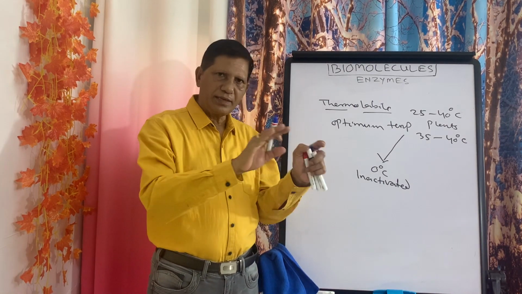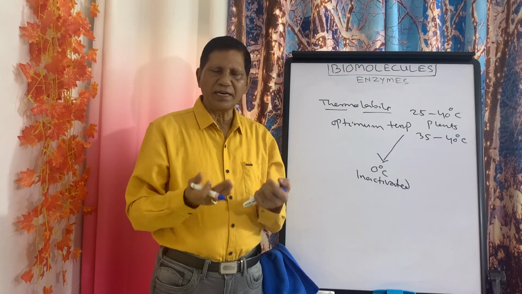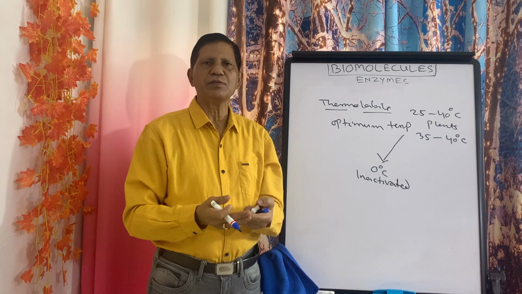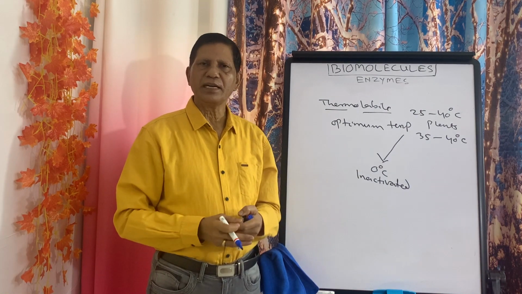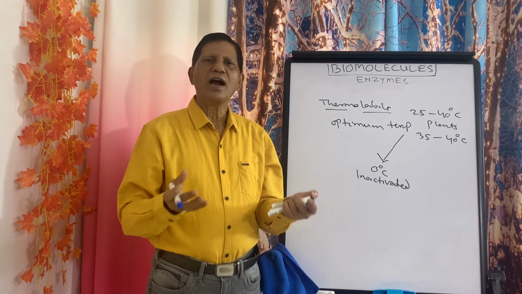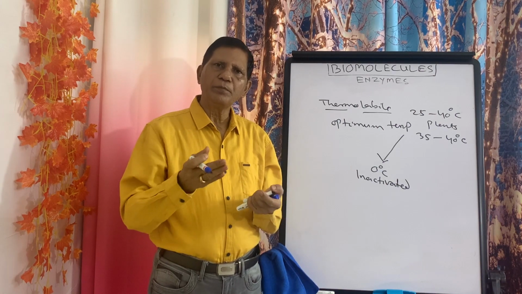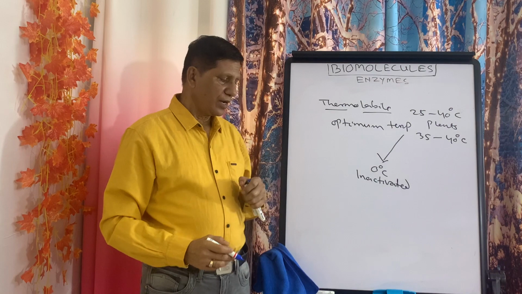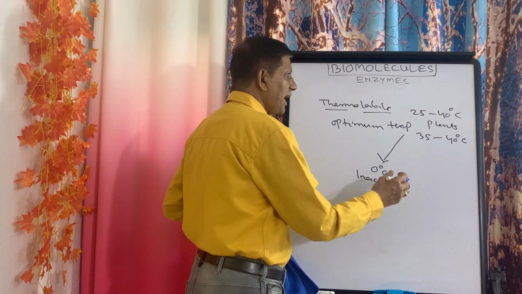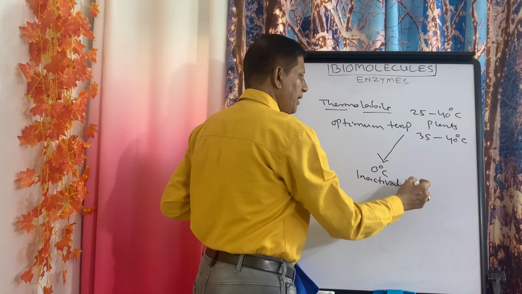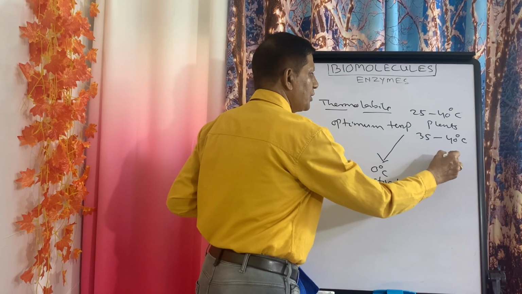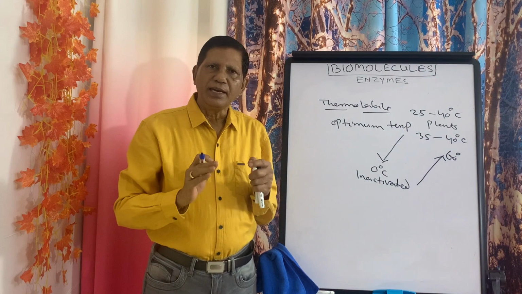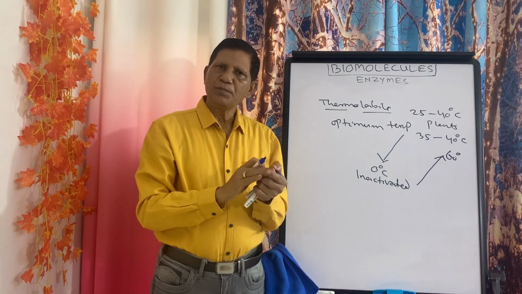Also, whatever bacteria are in the air, or the enzymes present in those organisms, are inactivated. That is why they cannot function, and the fruits and vegetables will remain fresh for a few days. But when the temperature rises above 40 degrees centigrade, to 60 degrees centigrade or more, you know that enzymes are tertiary proteins.